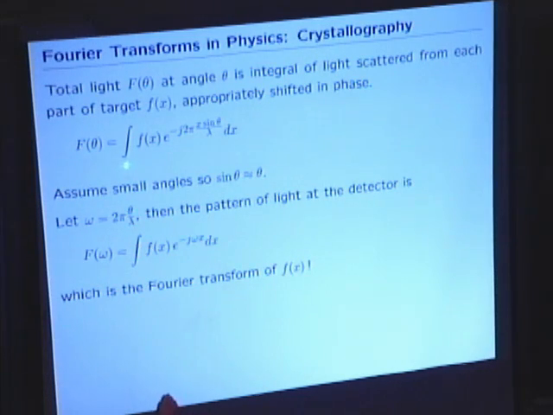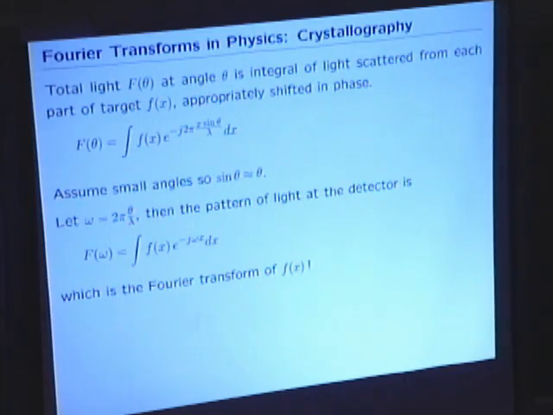So f of x represents how much light gets scattered as a function of x. x is the target. So this is integrating over how much light gets scattered at each x, and at a particular x, you get this phase delay. So there's a coherent sum then. So you add up all of these complex numbers by the integral.